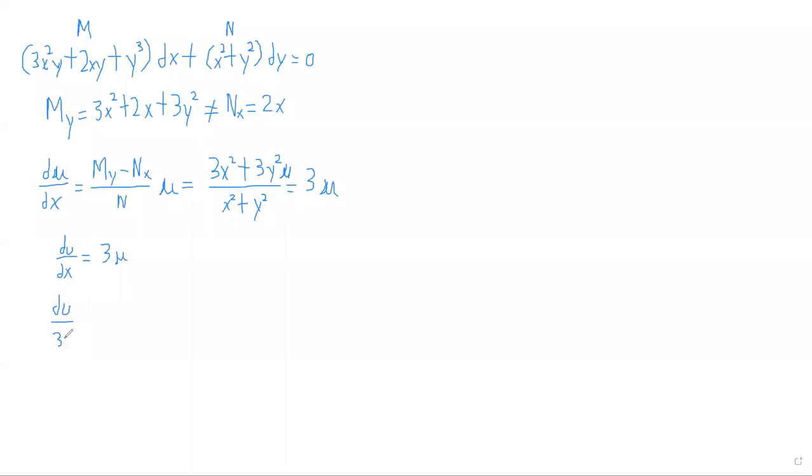And integrate both sides, and you end up with 1 over 3 ln of the absolute value of mu is x plus c. So ln of absolute mu is 3x plus 3c.